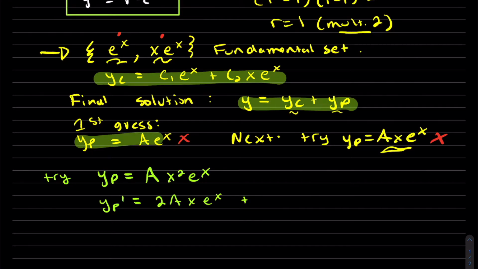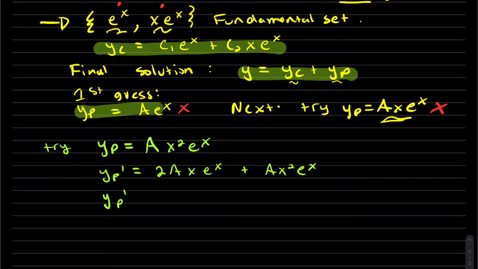We need to do the product rule. Product rule here, twice. Or we could factor this e to the x out and then just do the product rule once, either way.